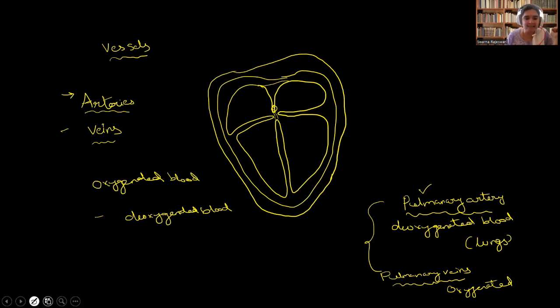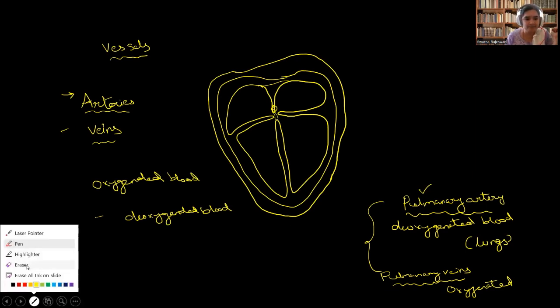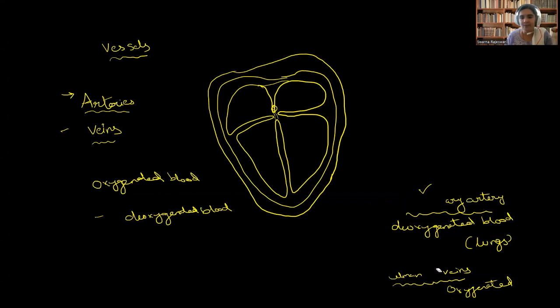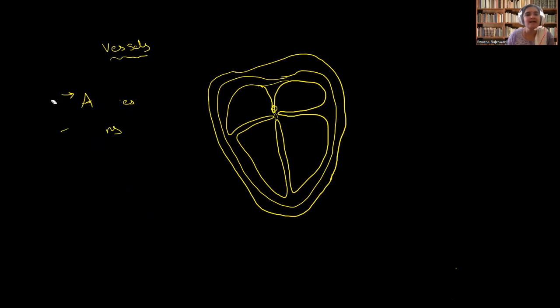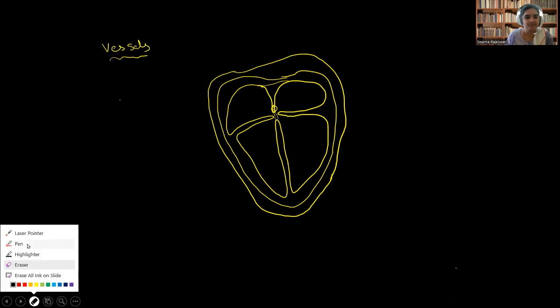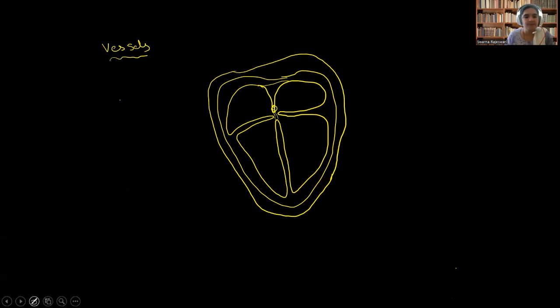So now let us again see the internal structure. We have drawn our heart first, and we know that arteries and veins are present. Yes. So now we will represent these arteries and veins on our heart. Okay. So first I will draw the veins. I will represent them with blue color because they carry deoxygenated blood.